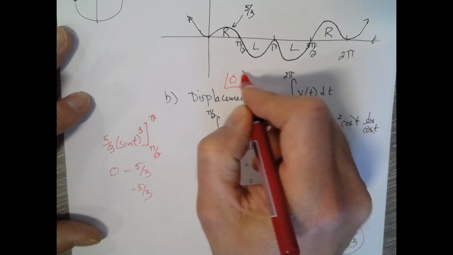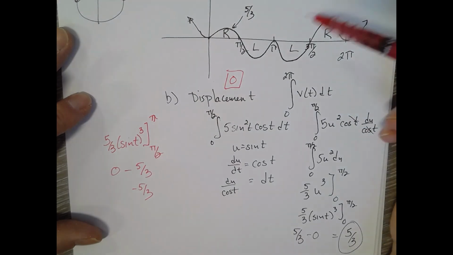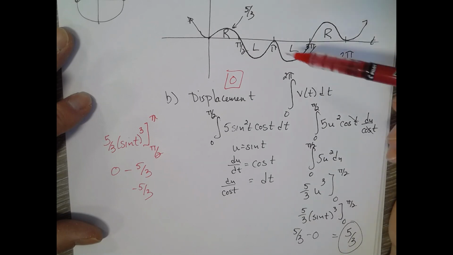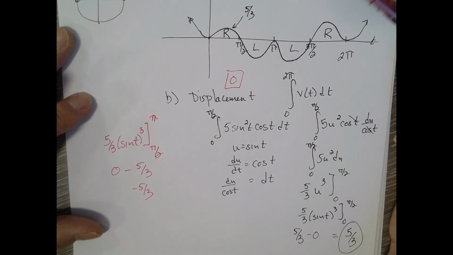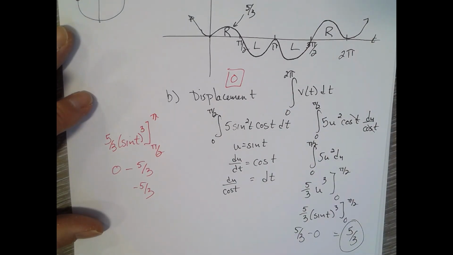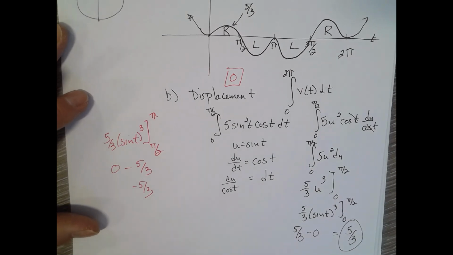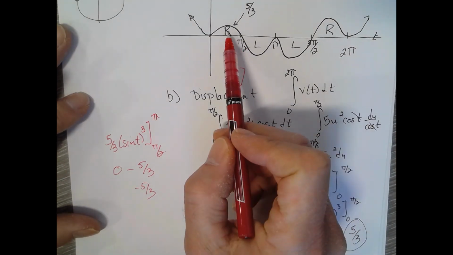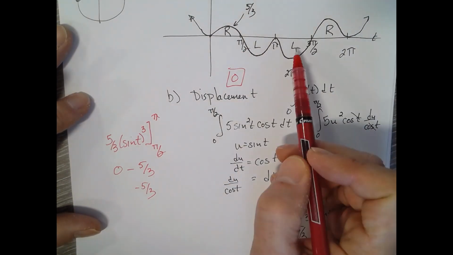If we wanted to be really clear, we could find that area and add up all the areas, but based on the symmetry and the fact that sine and cosine are periodic functions, I'm comfortable saying that that is 0. Part C, find the total distance traveled by the particle. The particle moved 5/3 to the right, 5/3 to the left, 5/3 to the left, 5/3 to the right.